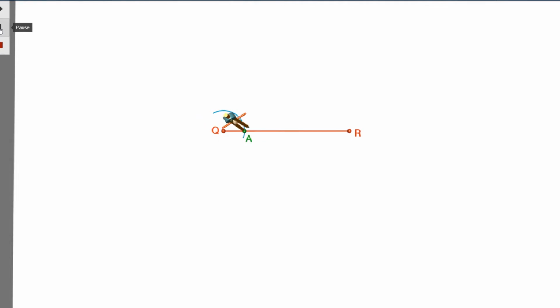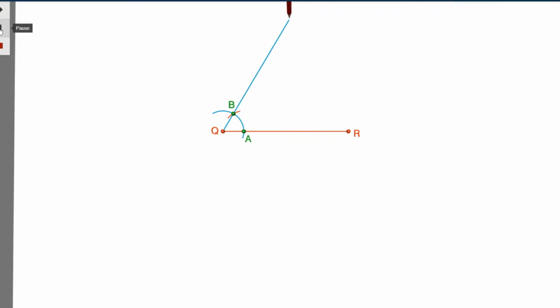That point we can take as A. And with center A, don't change the radius, draw another arc which cuts the previous arc at some point. Mark it as B. Join QB.